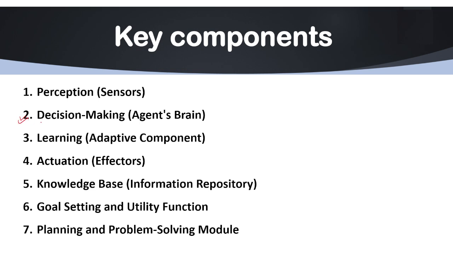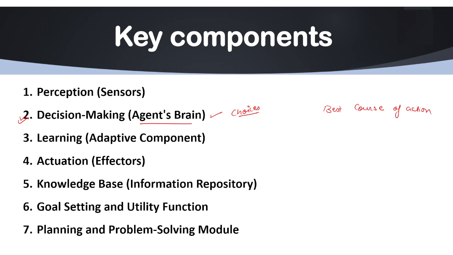Another is decision making, also known as the agent's brain. Students, this component is responsible for making choices based on the perceived environment, the agent's knowledge, and its goals. Its purpose is to determine the best course of action by evaluating possible choices and predicting their outcomes.